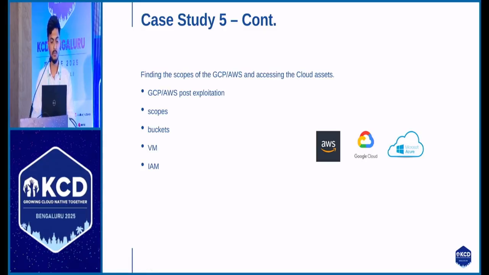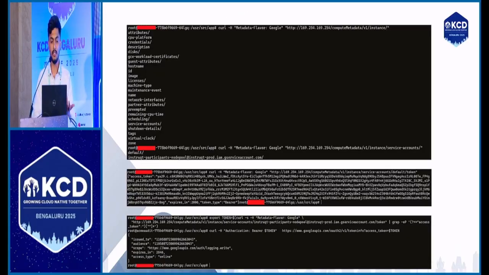Continuing, if Kubernetes is running on GCP or AWS, you can hit the local metadata IP address 169.254.169.254. Basically this will give you a service token of the cloud provider. Using this cloud token, you can check what scopes have been assigned.